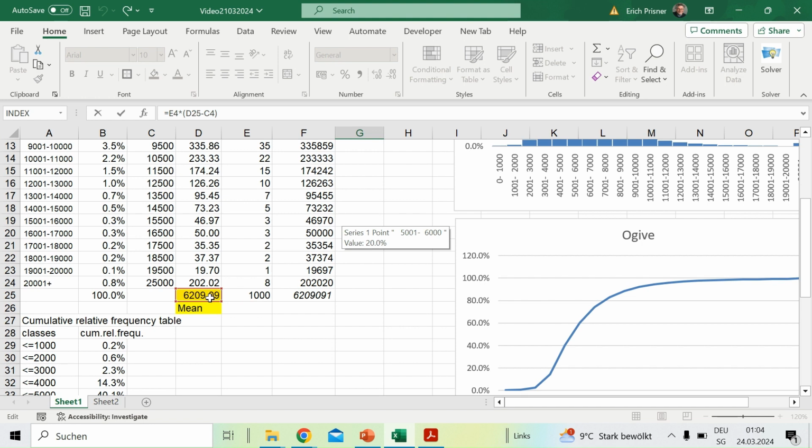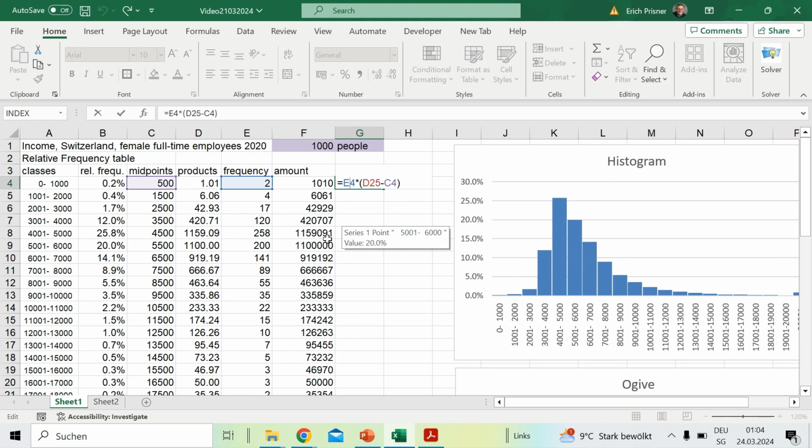So the 25 should not change. We should not go to this cell because this cell doesn't even contain a number. So that means I have to pin 25, so I put in a dollar sign in front of the 25. And again, absolute referencing needed. This is a formula, and this is the amount of money people in this group get from Robinhood.